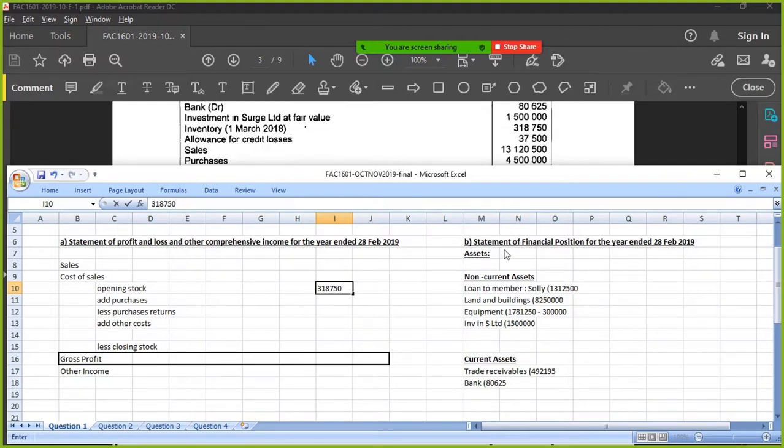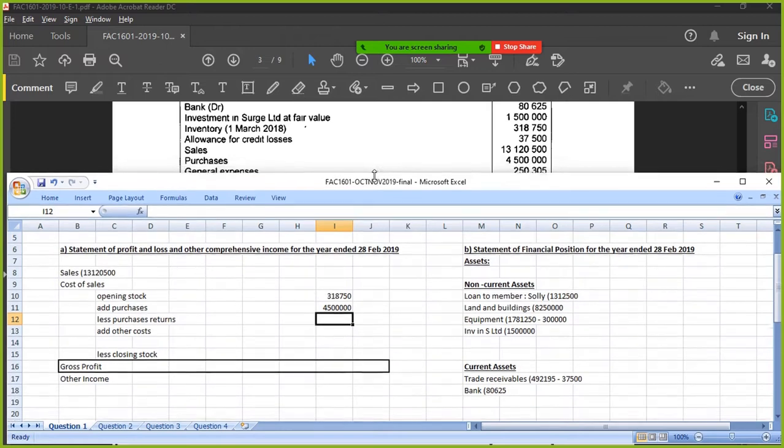Allowance for credit losses offset against your debtors, okay, minus 375. Sales, okay, we've got sales 13,120,500. Okay, we've got purchases. So there's the giveaway. Okay, I kind of knew that they were going to go this route because I saw opening stock. Okay, that's just exam technique.